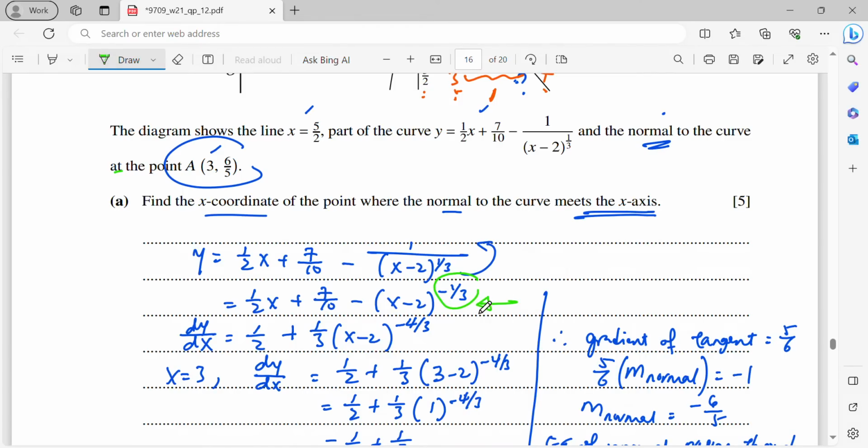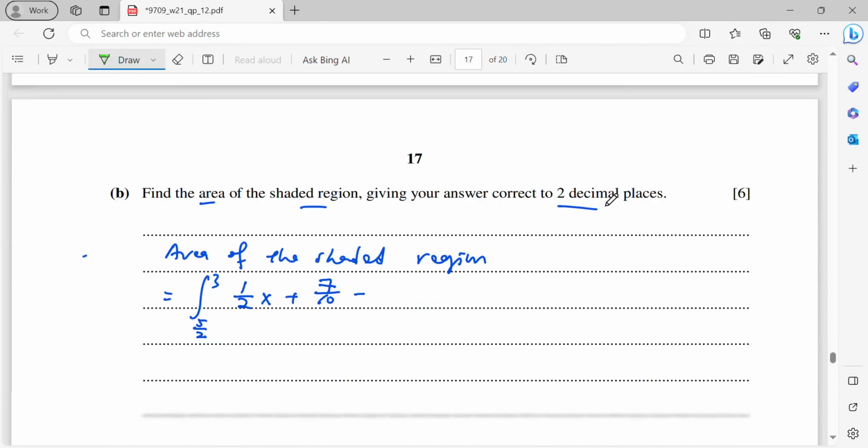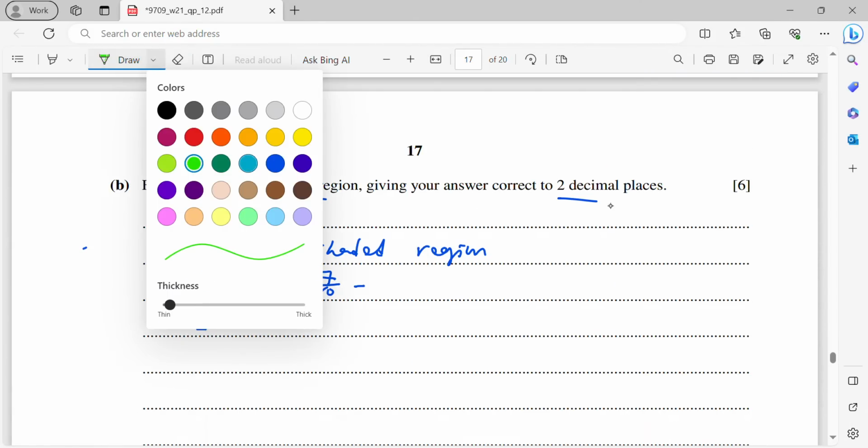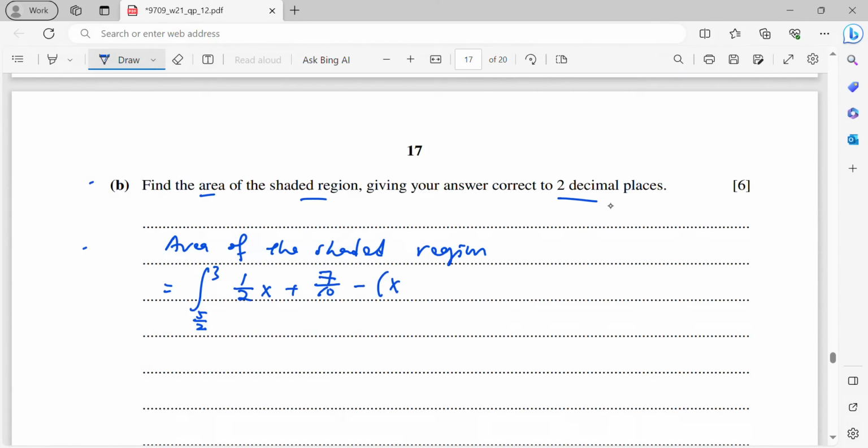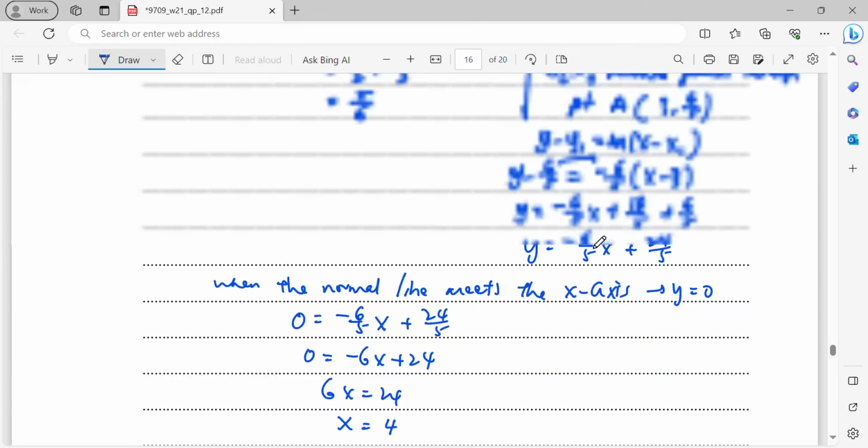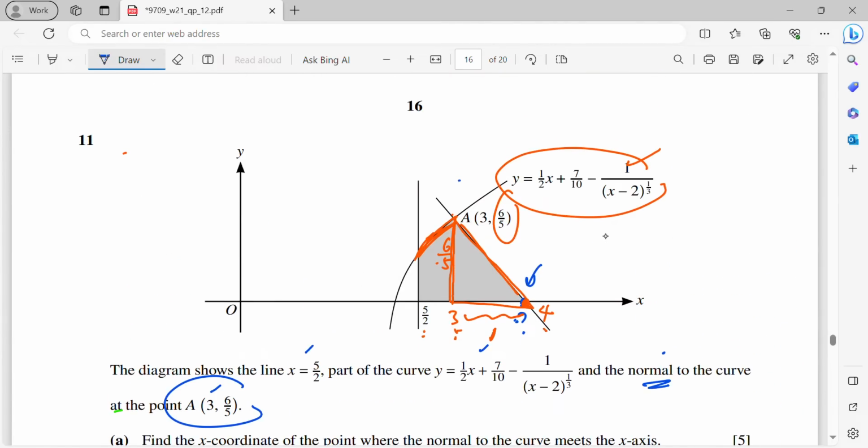So x minus 2 to degree negative 1 over 3. And plus with the area of the triangle. So area of triangle just now half times 4 minus 3, which is a 1, then times by 6 over 5.